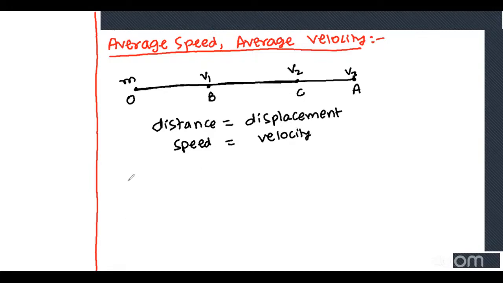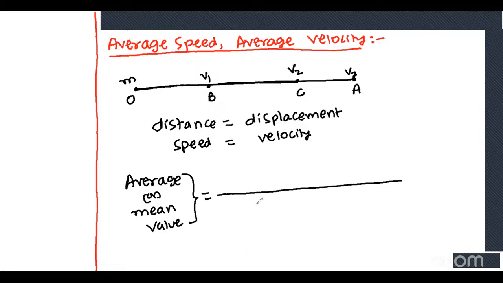Generally, average value, or we can also say mean value, means the sum of all the observations divided by the number of observations.